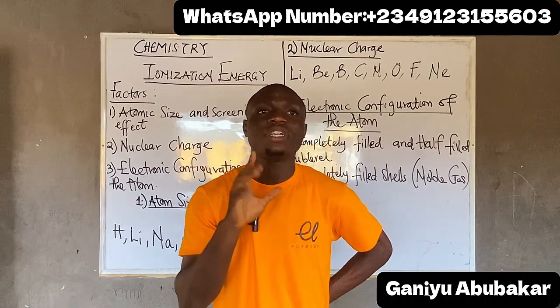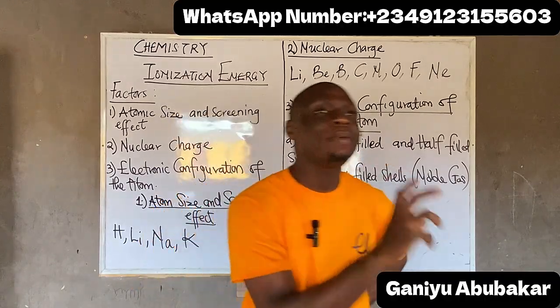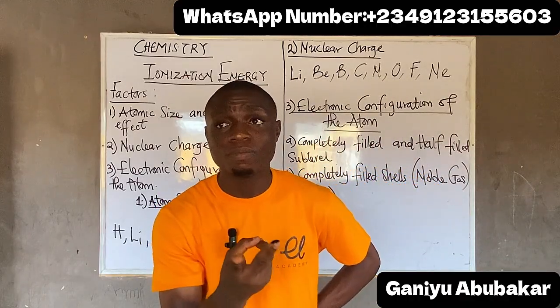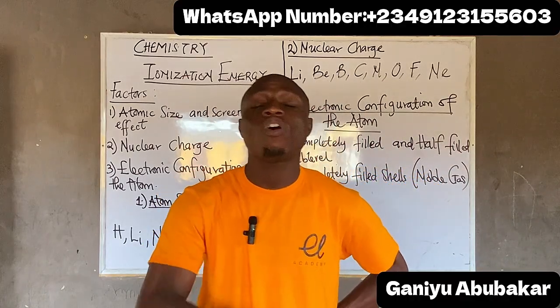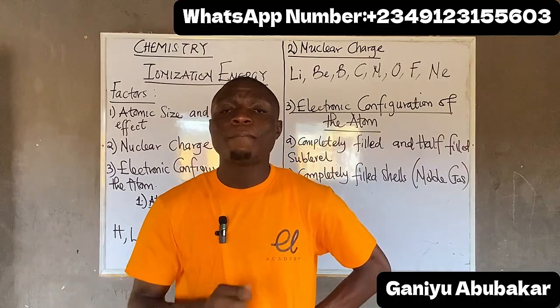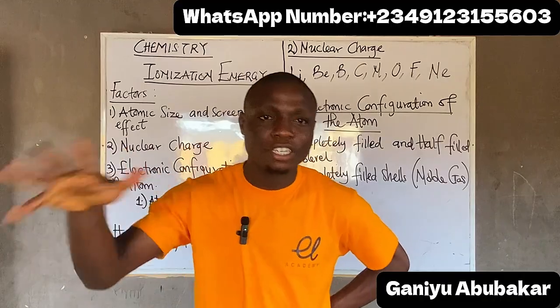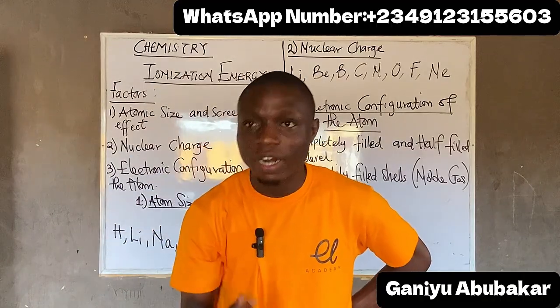Their shell is stable, and we said the stability of an atom is determined by two factors, either its duplet or octet configuration. By duplet, we mean it will have just two valence electrons in the outermost shell, right?